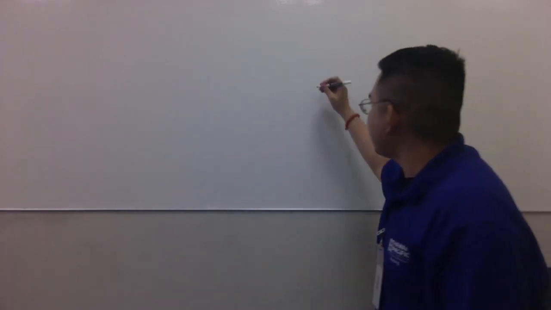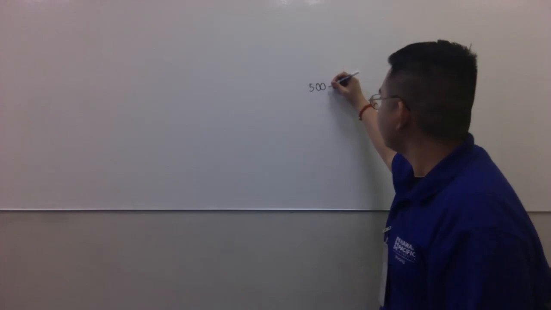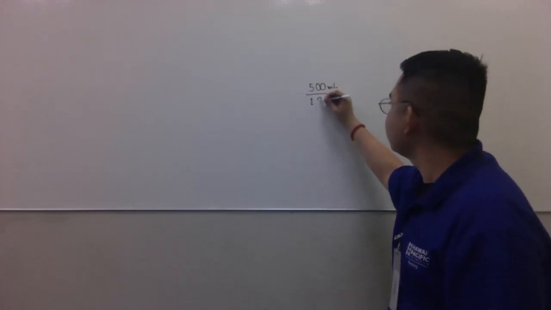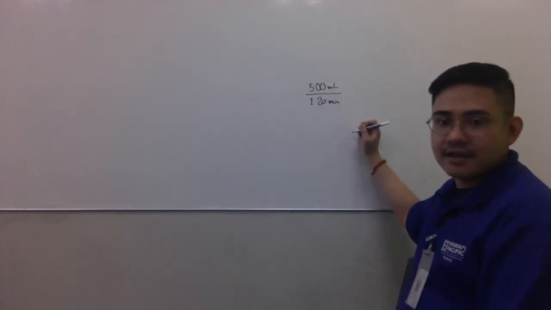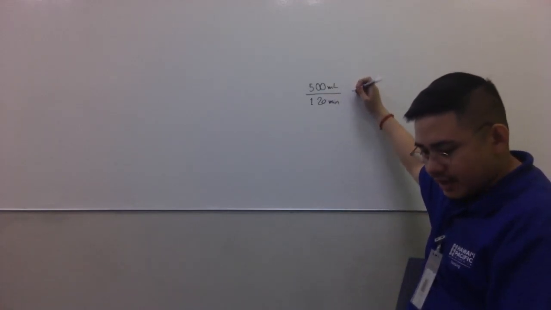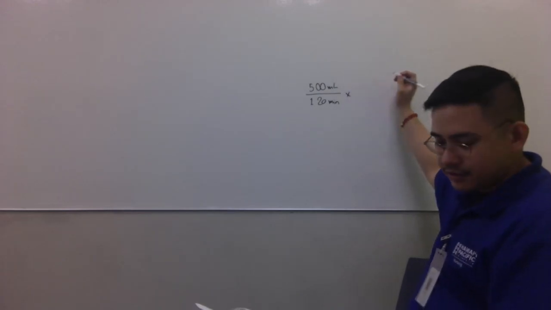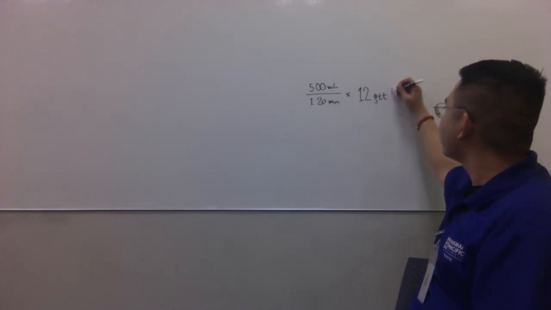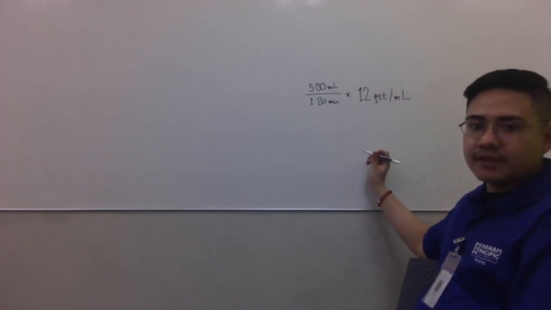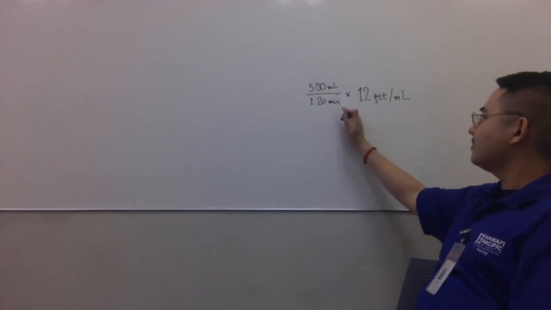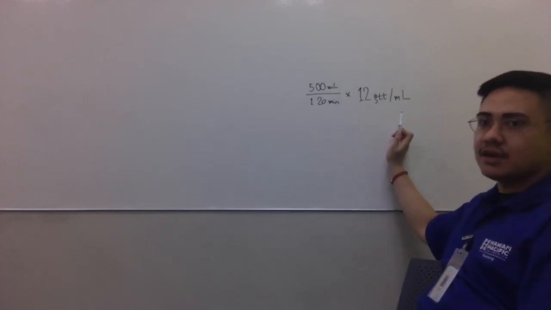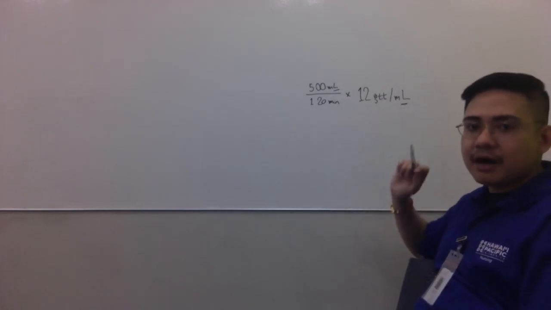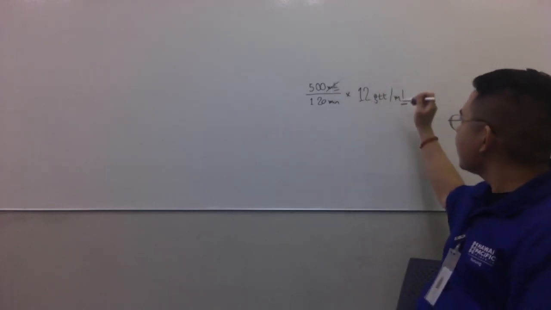So 500 mL, the amount of D5W, divided by 120 minutes. Now we have the given drops per milliliter, which is 12 drops per milliliter. Here we see two division signs. We have a unit on the top and a unit on the bottom. Top and bottom cancel out, so we can just cancel the mLs.